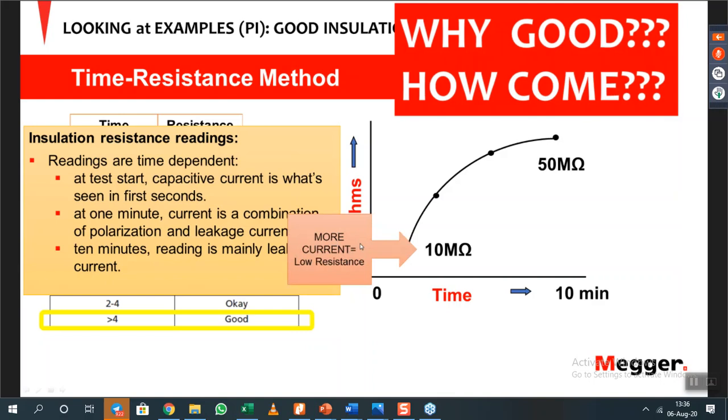So again, when we go back to the Ohm's law, if I have more current, I have less resistance, right? So more current, less resistance. But after 10 minutes, because I don't have the capacitive charging current, I don't have the absorption current, then that means I have less current, and that less current will give me high resistance value.